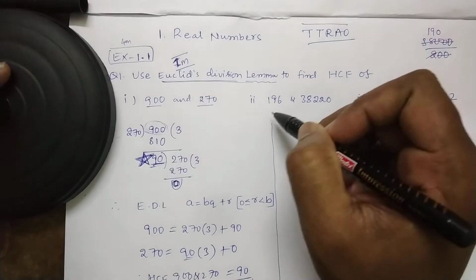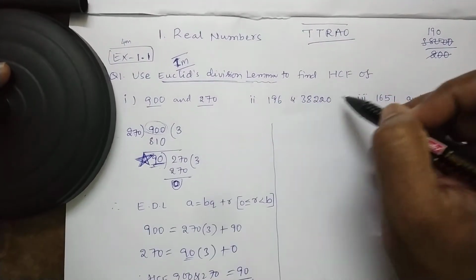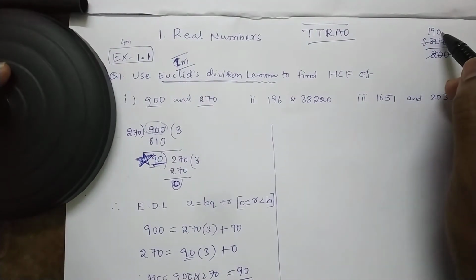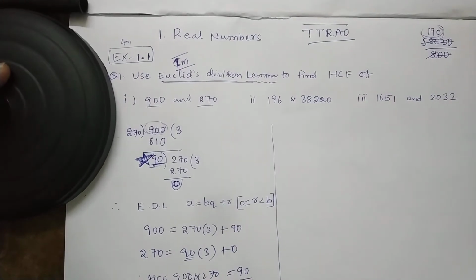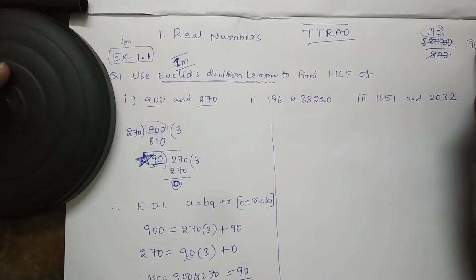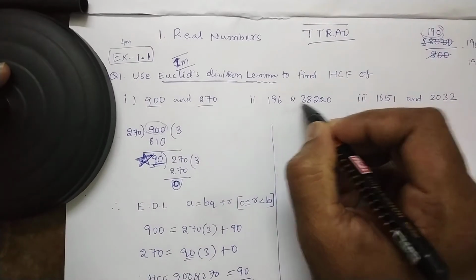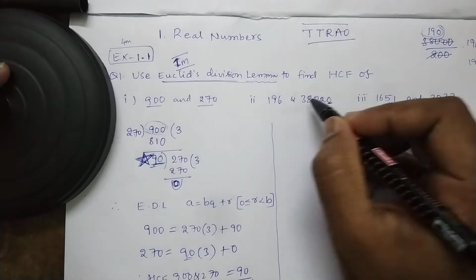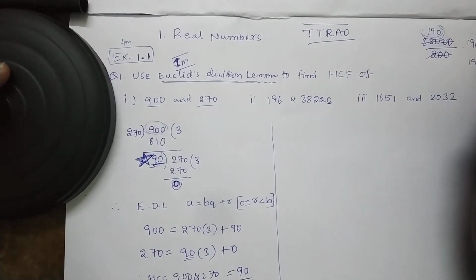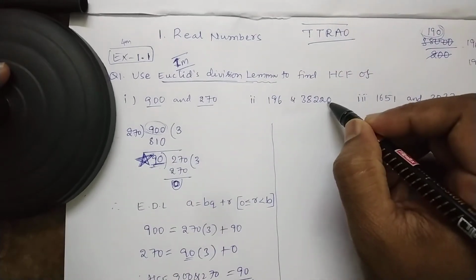So 196 divides 38,220 approximately 190 times plus. Now if you do trial and error with 196 into 190, the last digit is 0, so 0 into 6 equals 0, and you will get an answer ending with 0.